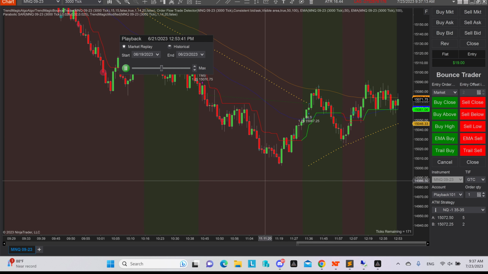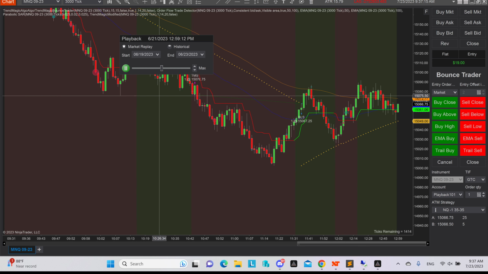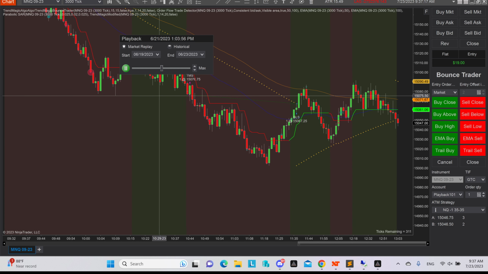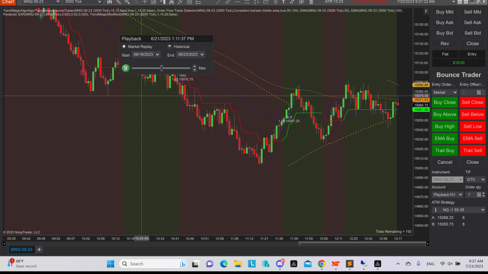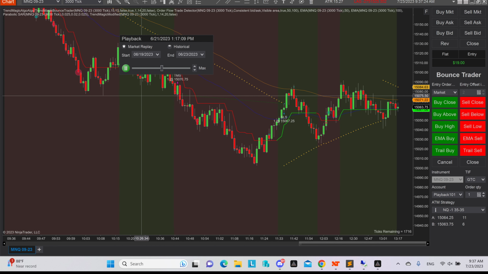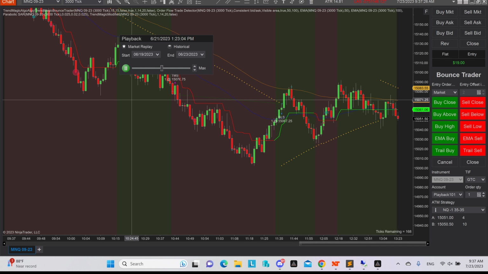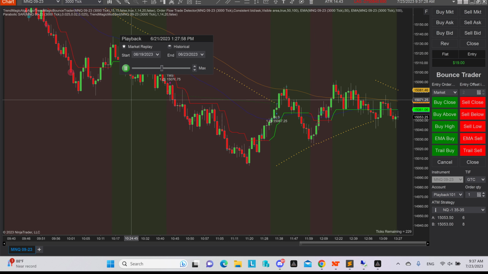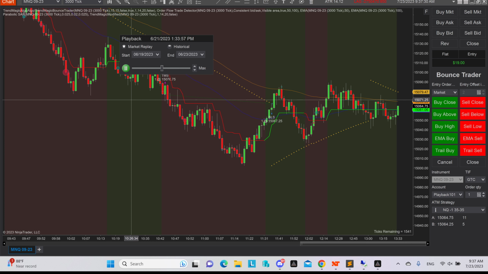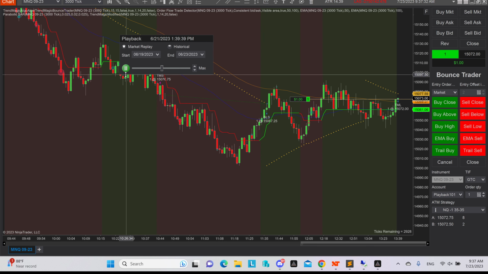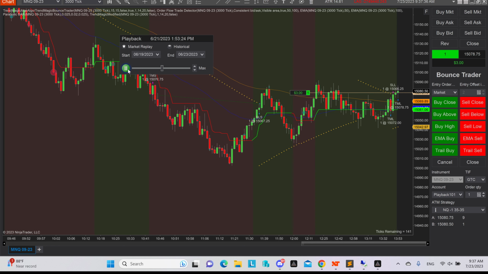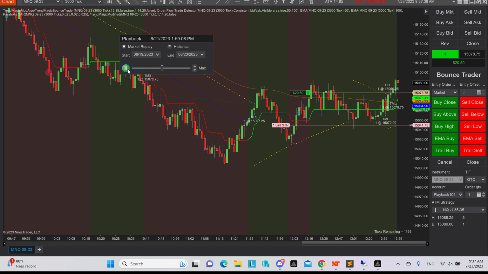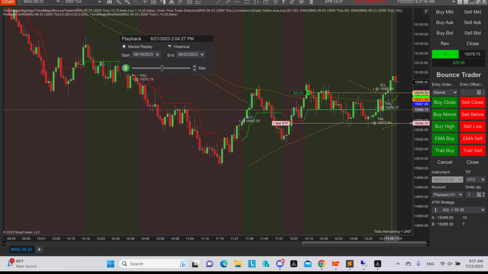But I will show you, there's going to be a counter trade that will be triggered here. Just showing you an example. This was the counter trade.